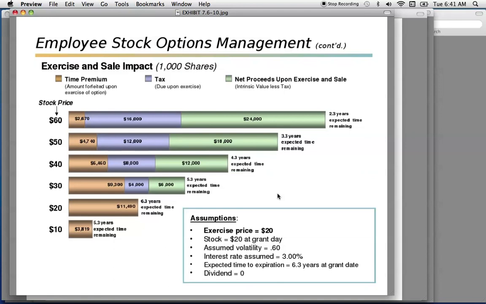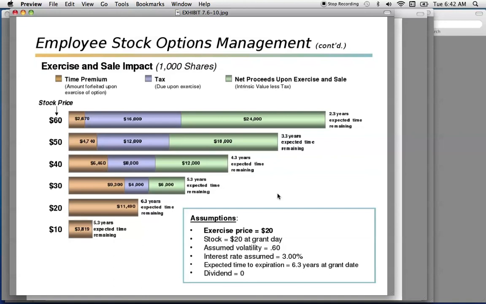Now let's suppose you've studied these graphs and you now understand to a substantial degree the value of those options on the grant date, the value of the options as the stock moves around and time passes, and the consequences of making early exercises.